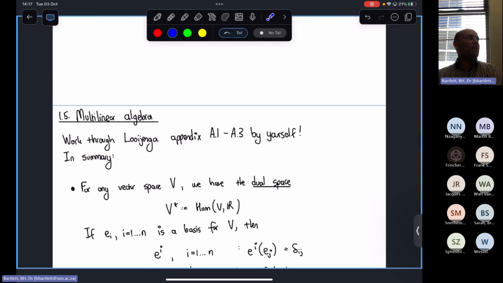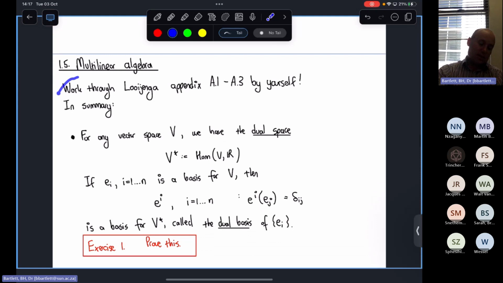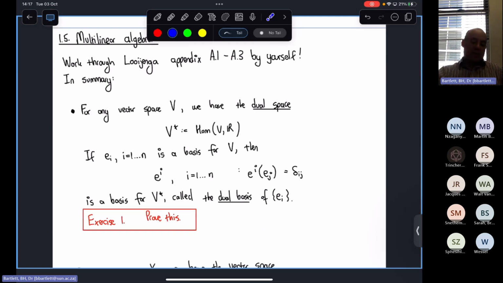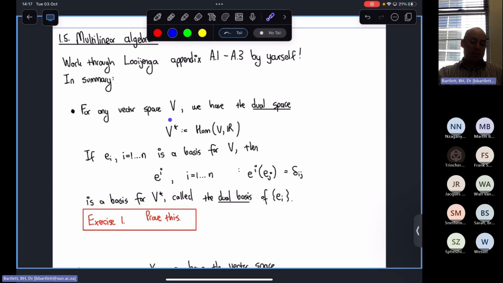Okay, and then the last thing we did was this multilinear algebra, and this was maybe the most important thing. And I asked you to go and work through this appendix, because this is the kind of stuff that's not really done in undergraduate linear algebra, but it is really important when you're working with smooth manifolds. So the first thing that you need to know is that for any vector space, you have the dual vector space, which is just linear maps from your vector space into the ground field.